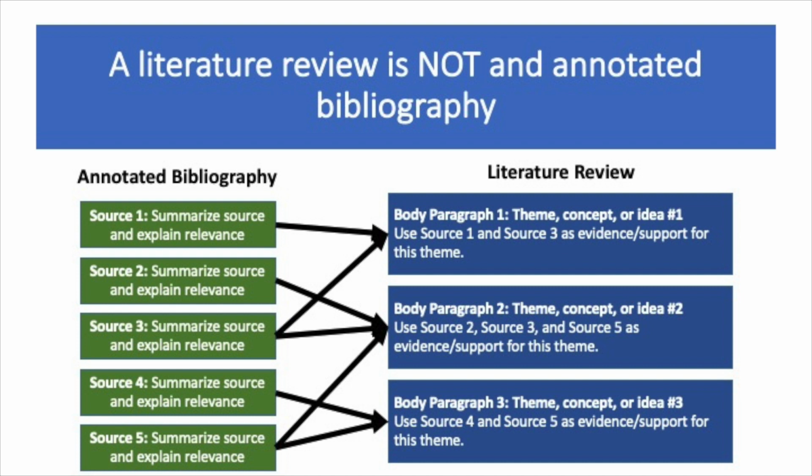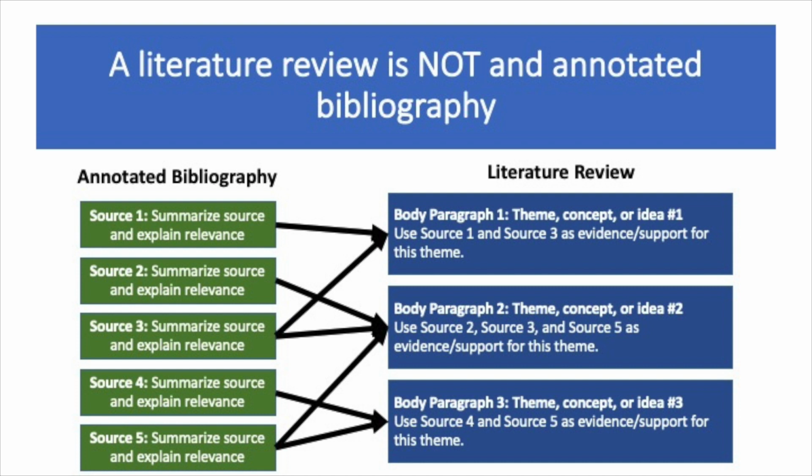Perhaps our first body paragraph, as shown in the figure, will be about the first theme, concept, or idea that we're covering. And then we're going to use source 1 and 3 as evidence or support for this theme. Okay, so we're integrating sources into our body paragraphs based on how they may support a common theme or idea. Then our second body paragraph might incorporate sources 2, 3, and 5, for example.